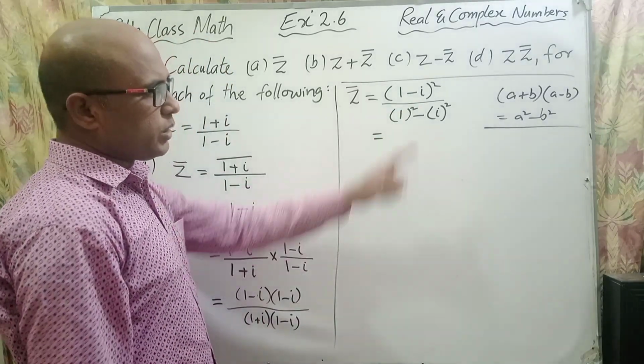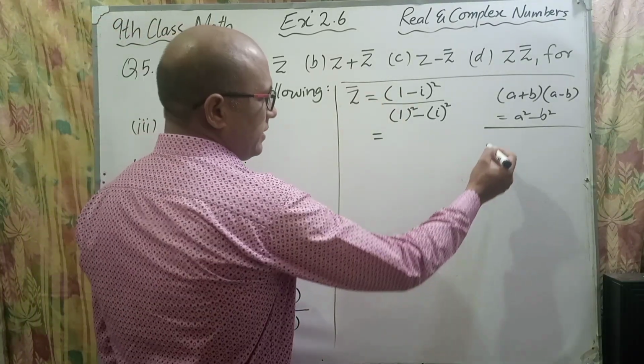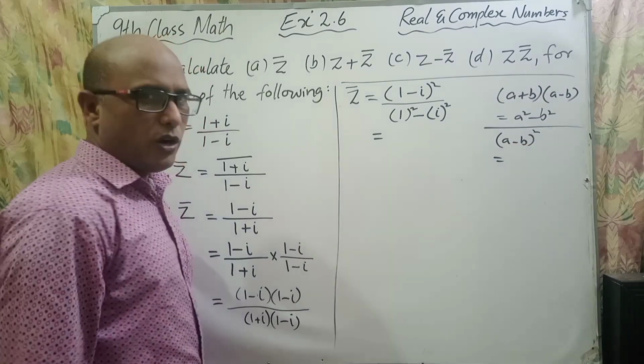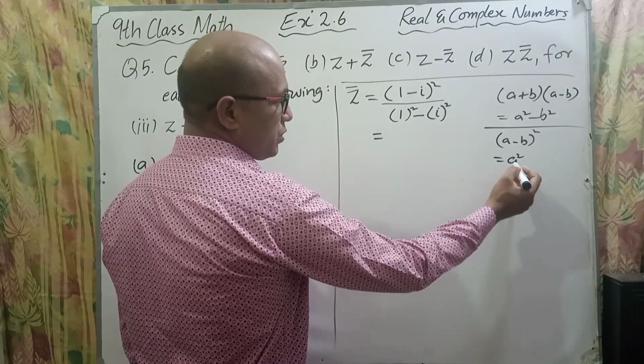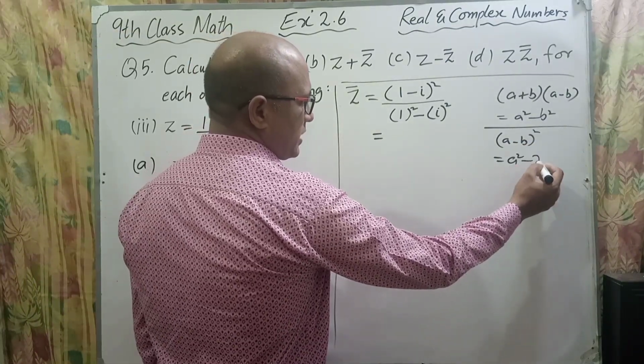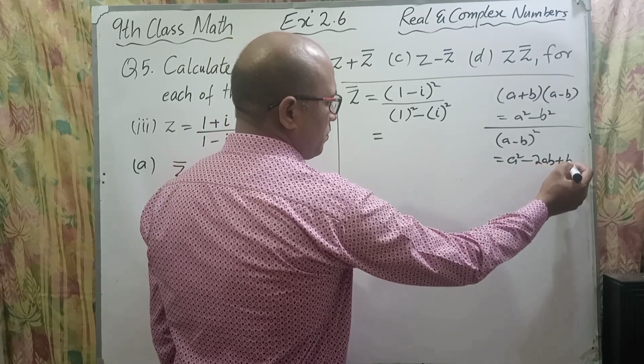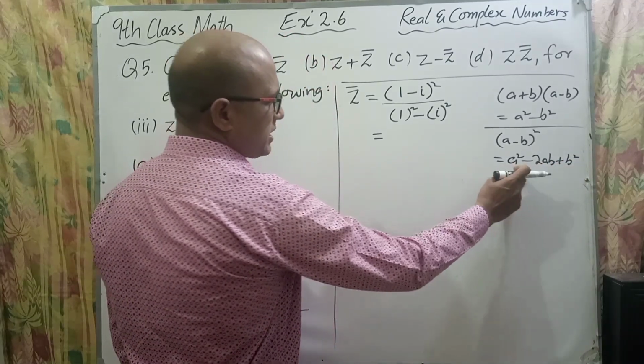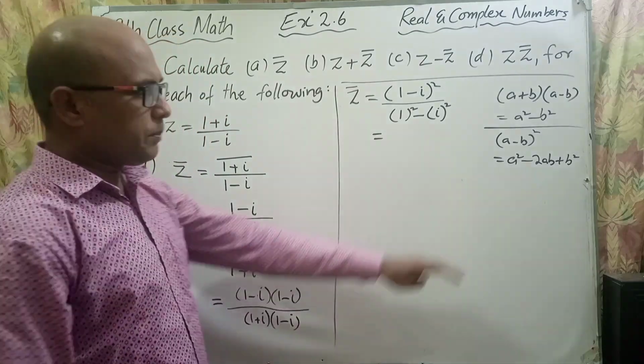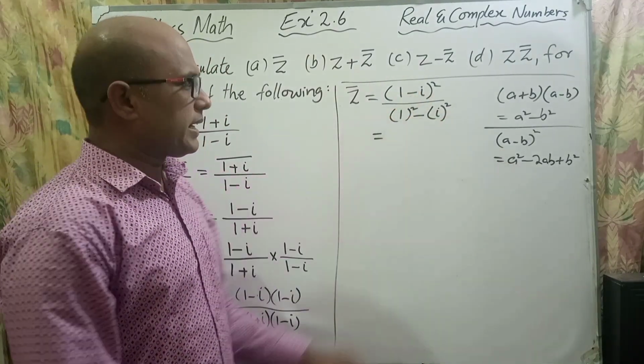Applying the formula on the numerator, a minus b whole square is equal to a square minus 2ab plus b square. So students, this formula will apply on the numerator.